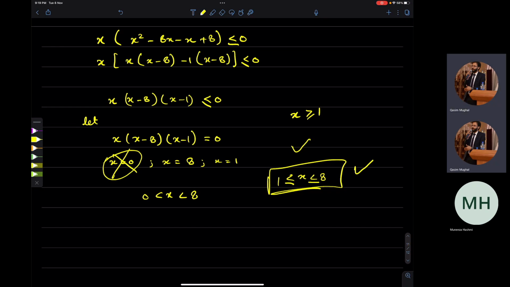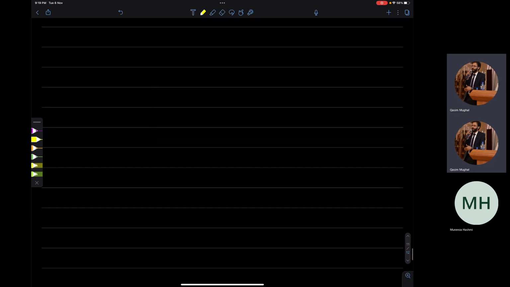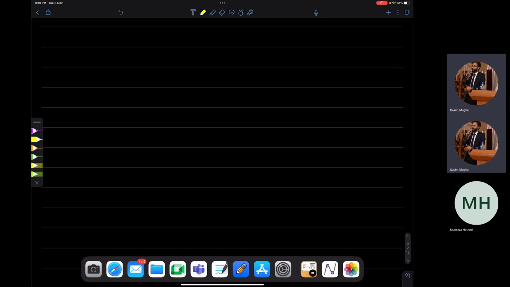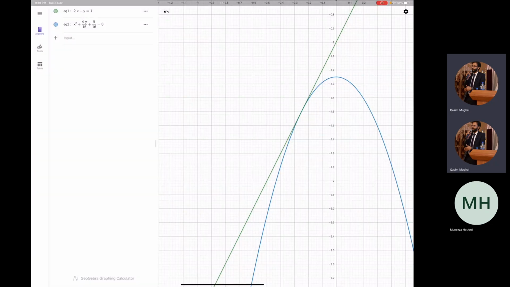Question 15. Sketch the graph of this and this on the same axis. Find the coordinates of... Okay, now this is important. Now I'm going to use the software to sketch the graph for both of these.